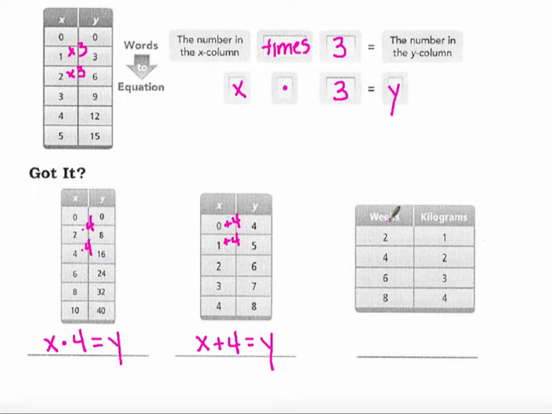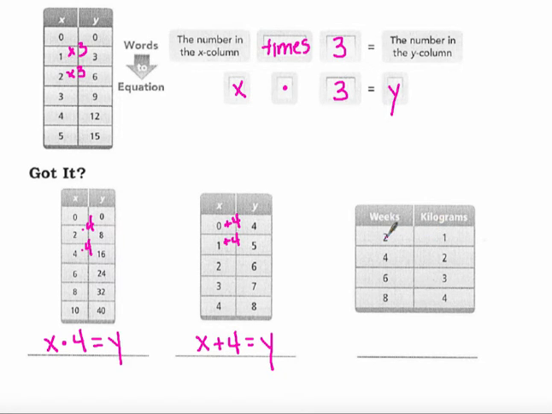My last one, this one actually has labels for my X and Y, weeks and kilograms. So my 2 needs to turn into a 1. I know I could do that by subtracting. 2 minus 1 gives me 1. 4 minus 1 would give me 3, so that's not going to work. What else makes a number get smaller?